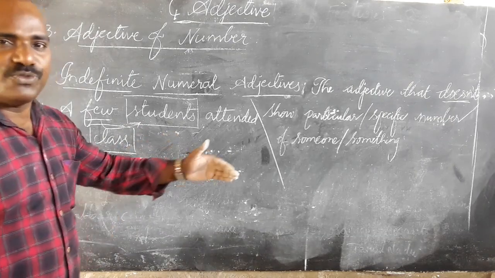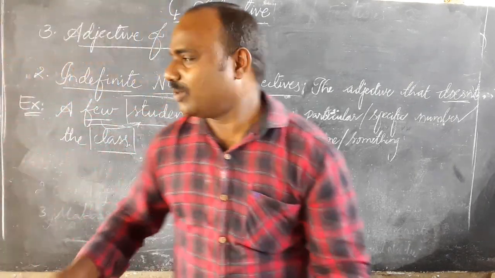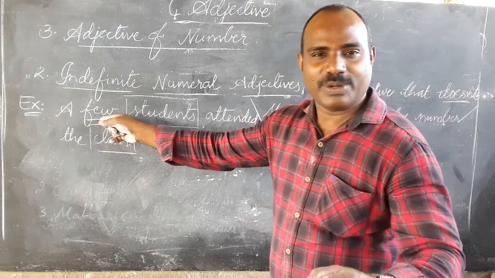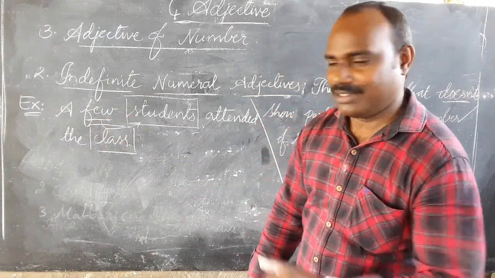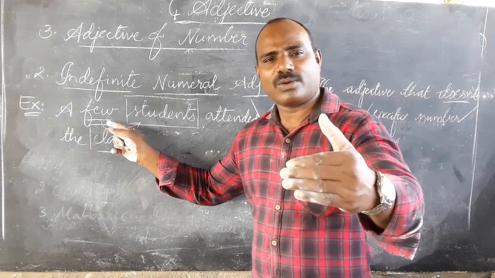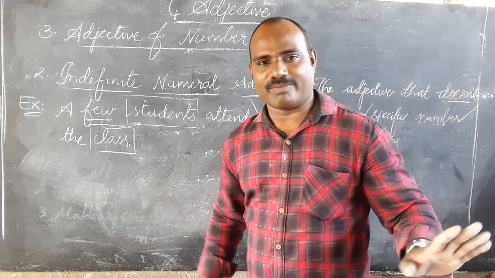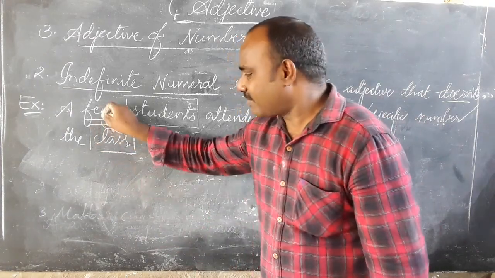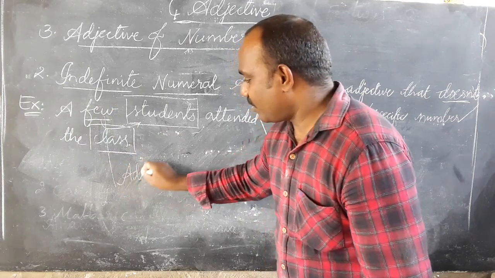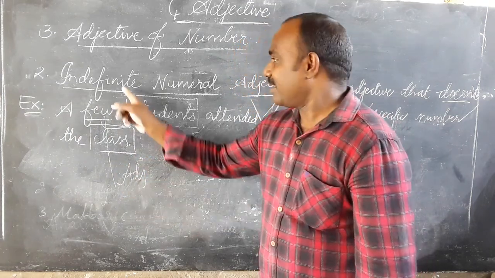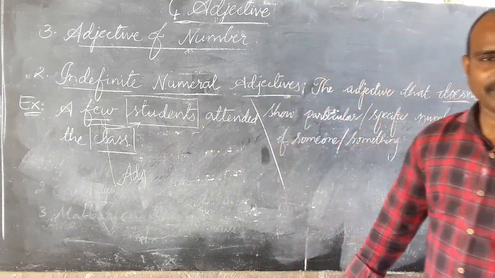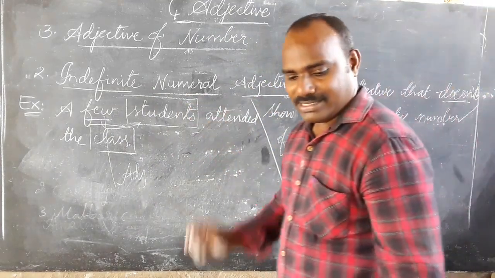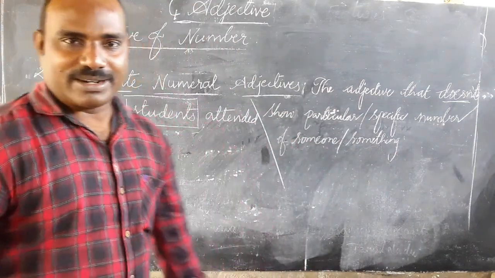How many? A few. Here, the word few does not give any particular or specific number of students who attended the class. We are not specifying. So, this can be called an adjective. What kind of adjective is it? Indefinite numeral adjective. Right? So this is about indefinite numeral adjective.